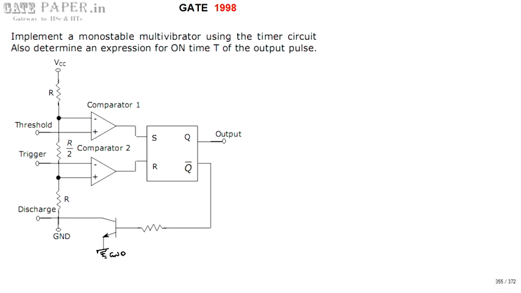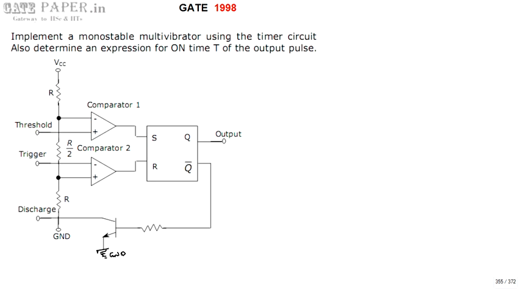Even though you are not applying a trigger pulse, after some fixed amount of time, it will go back to its stable state. That's why it is called a temporary state. It doesn't require any trigger pulse, but to get the transition from the stable to the quasi-stable state, it requires a trigger pulse.